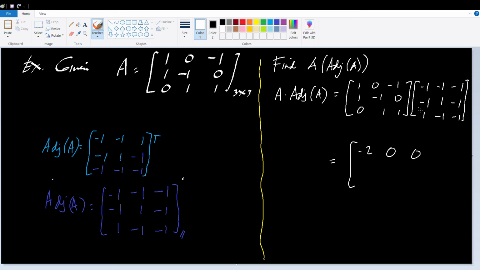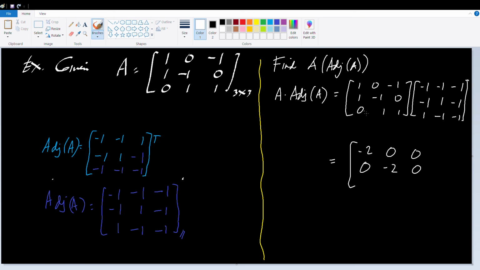Second row, first column: negative 1 plus 1 plus 0 is 0. Negative 1 and negative 1 and 0 is negative 2. Second row, third column: negative 1, positive 1 plus 0 is 0.